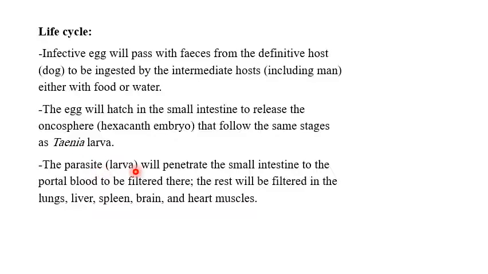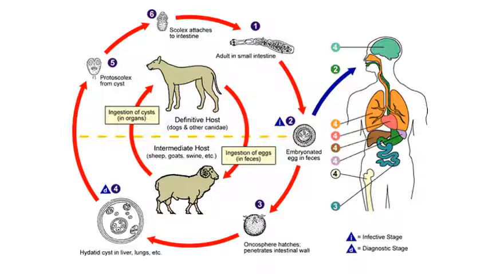The parasite larva will penetrate the small intestine to the portal blood to be filtered there. The rest will be filtered in the lungs, liver, spleen, brain, and heart muscles. As you see here, this is the site of infection of hydatid cyst: brain, lungs, heart, spleen, liver, and bone marrow.